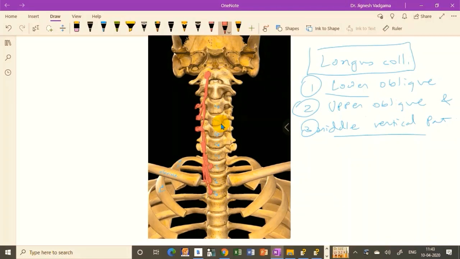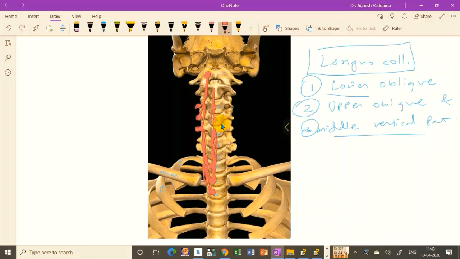Now the intermediate part is the vertical part, and it is going to arise from the anterior aspect of the upper three thoracic vertebrae, that is T1, T2 and T3, and lower three cervical vertebrae C7, C6 and C5. And it is going to insert at the C4, C3 and C2 vertebrae.